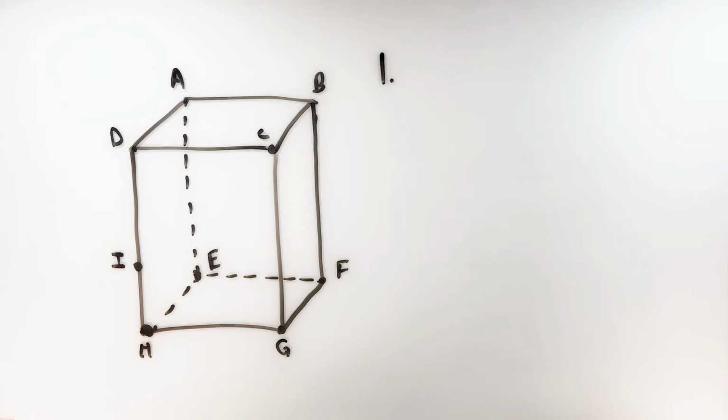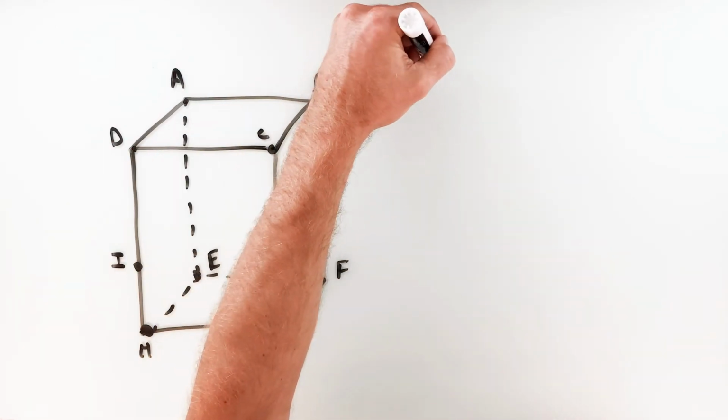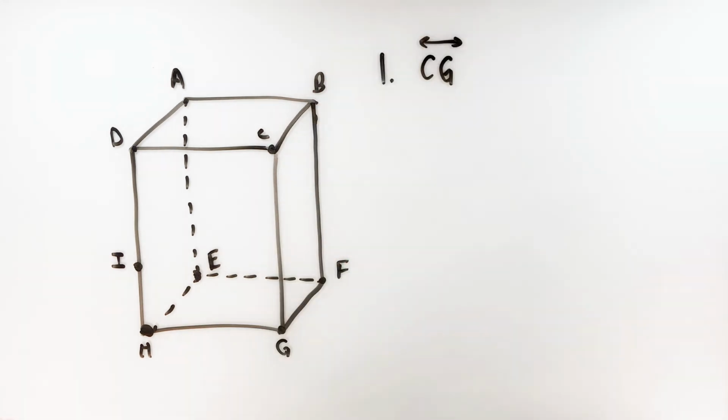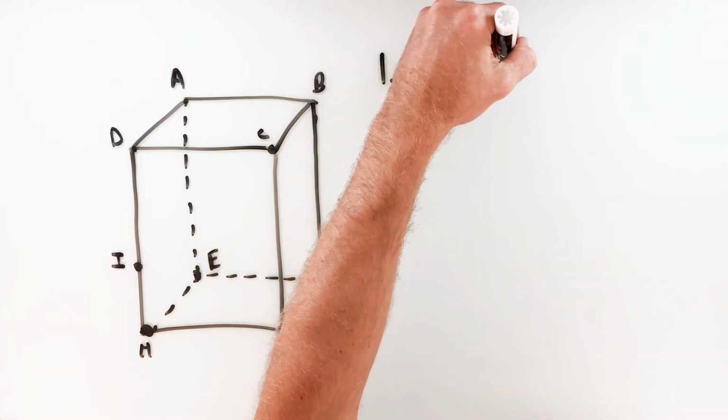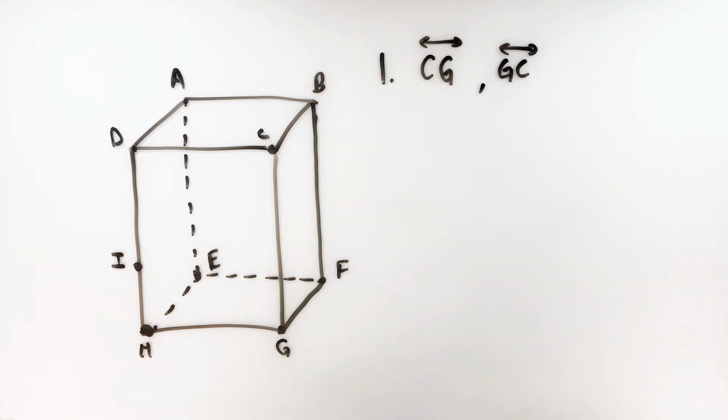You should see 2 points on that line. And again, through 2 points, we can name the line maybe a couple different ways here. See, the 2 points are C and G. So to name that line, I can write CG, or I can write GC. Either one is fine. So the front right vertical line would be GC.